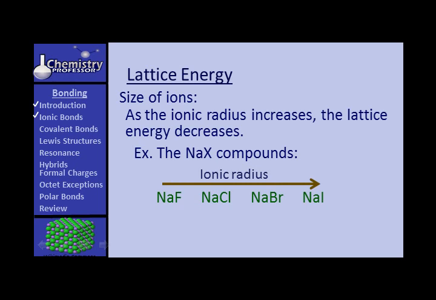If the ionic radius increases from sodium fluoride all the way up to sodium iodide, then what happens to the lattice energy? The answer is the lattice energy decreases. The energy required to separate those compounds into their gaseous ions decreases.